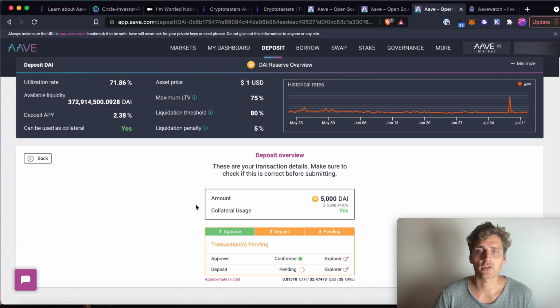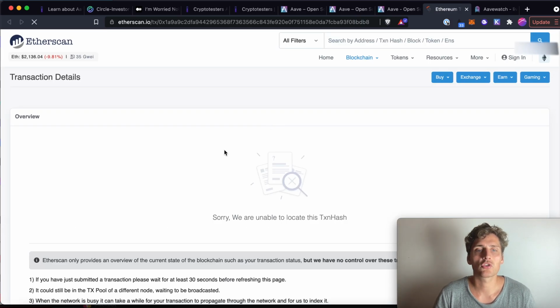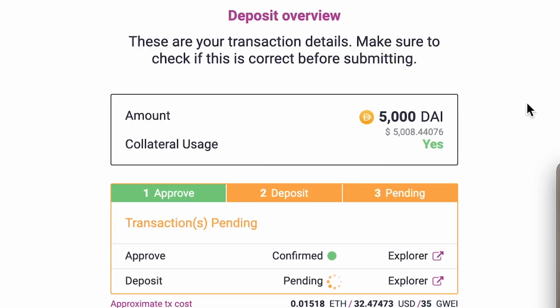and now the transaction is pending. So this means that it's submitted to the blockchain. I'm basically waiting for some miner to pick it up, put it in a block, and add it to the blockchain. I can also click here to watch it in Explorer, but it hasn't been picked up yet, so I can't see it.